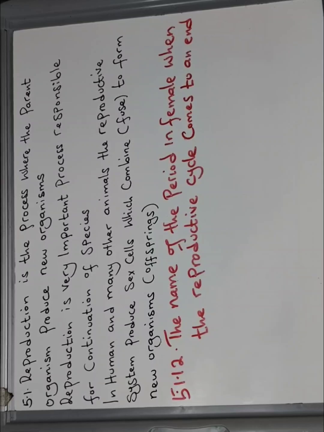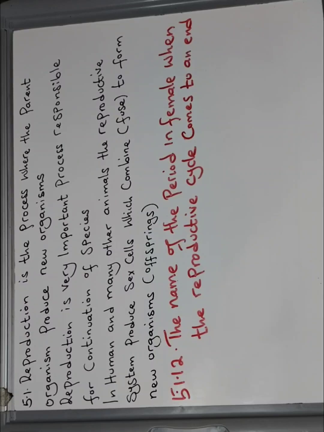The name of the period in female when the reproductive cycle comes to an end. What do you call that one? This period actually happens around, average age is around 45.